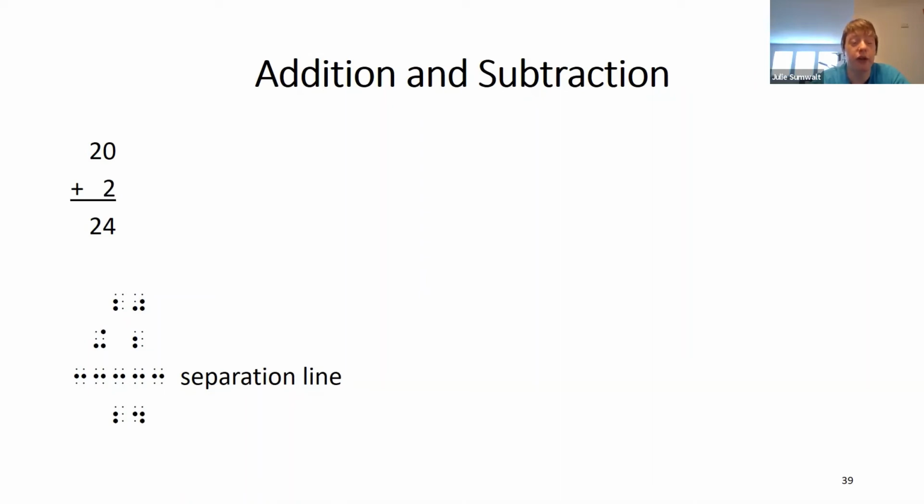So we're placing that 1 cell to the left of the whole arrangement above the separation line, which, as you can see, is a row of cells, that's 2, 5. They stick out 1 cell on the left and 1 cell on the right. Then we have our answer 24. And because that plus sign is moved out of the way, we can vertically place our fingers 0 to 4 in the ones place, and then the tens place, 2, nothing equals 2.